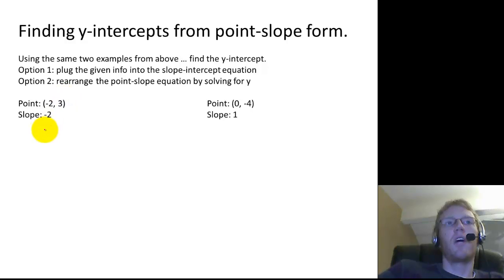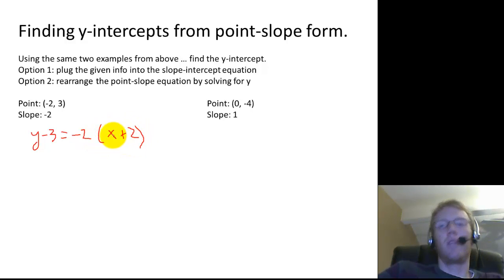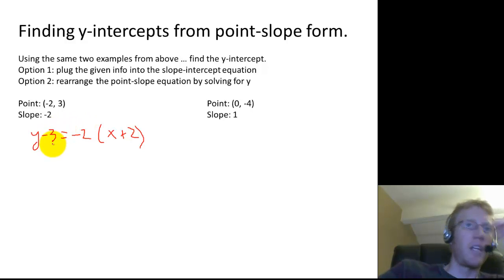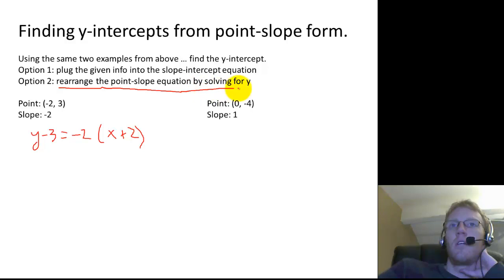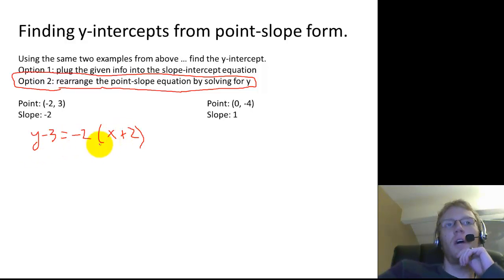Okay, so we've got this equation, y minus 3 equals -2 times (x plus 2). That's the same equation we had before, I'm just rewriting it. One thing we could do is solve this equation for y. That's option 2. I'll get to option 1 in a second. We can solve this equation for y and get y equals mx plus b format.